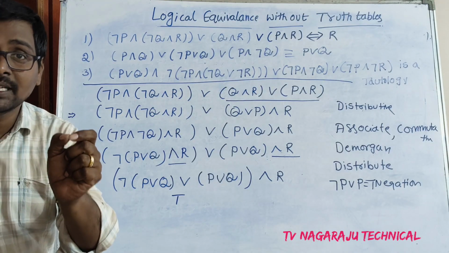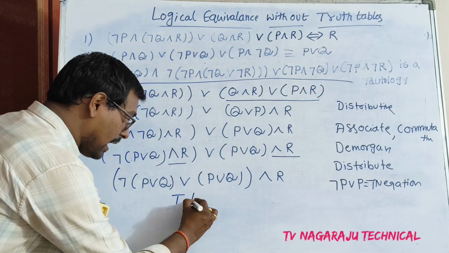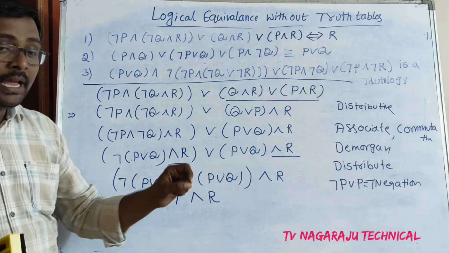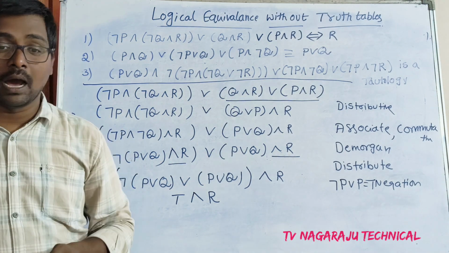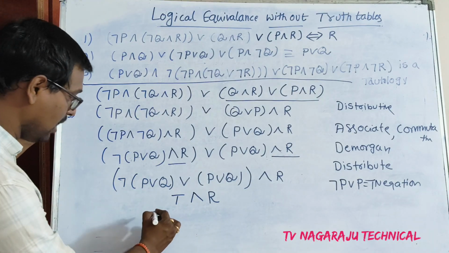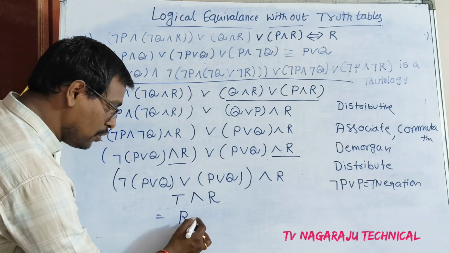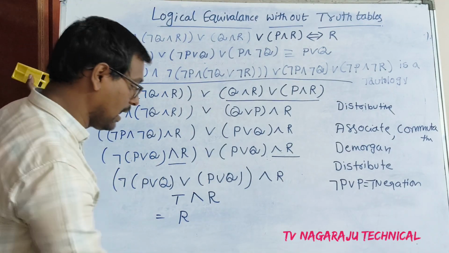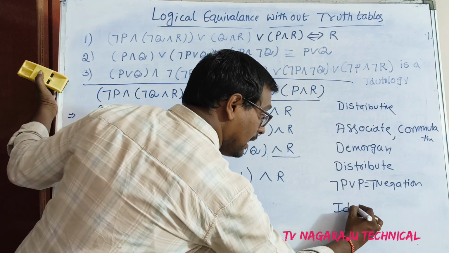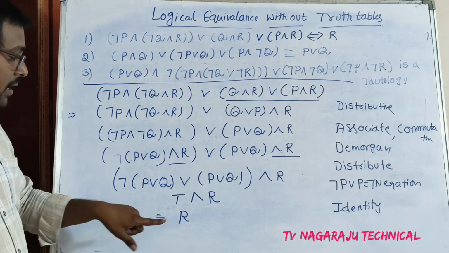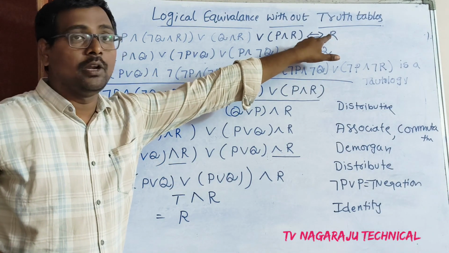Tautology and operation with R. Next we have tautology and operation with R. What is the result? If you are using and operation, the result is same. The law is identity law. Now what are we getting? We are getting R, that is equivalent to this expression.